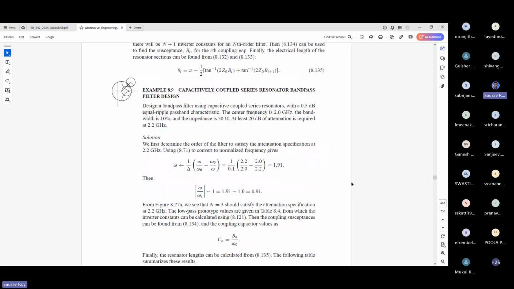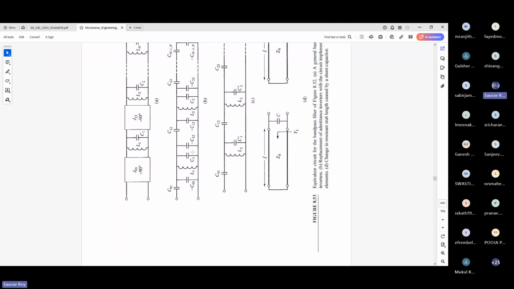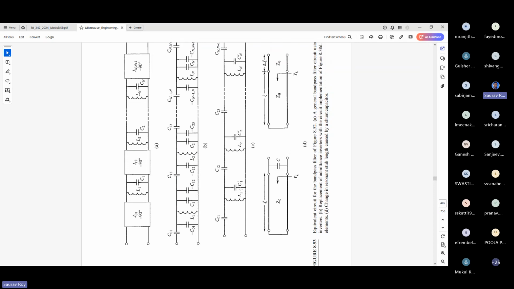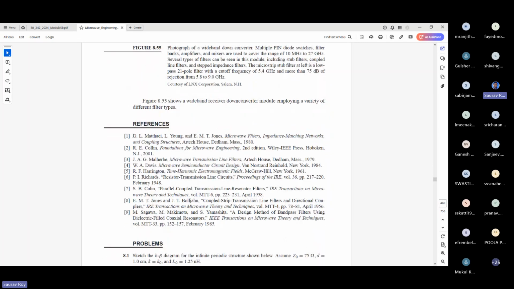Even in the Pozar book, most of the pictures, if you see, this is the Pozar book I have opened here, these pictures are taken from another book. This is that book. If some of you are very interested in filter design itself, I will suggest you go to this book. It's from Matthaei, Young and Jones. It's quite an old book, but even now it is kind of the backbone of filter design.